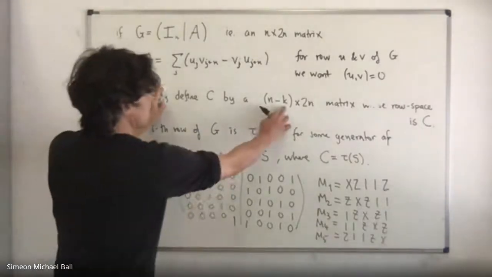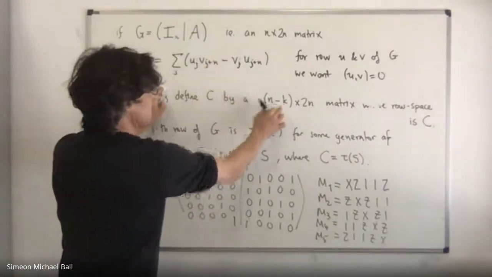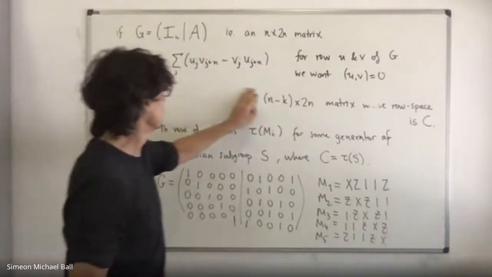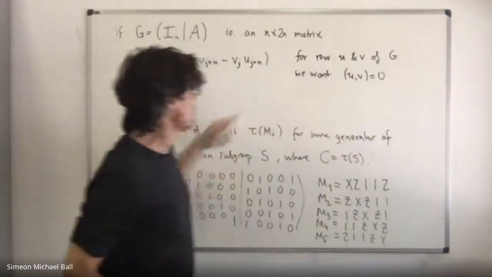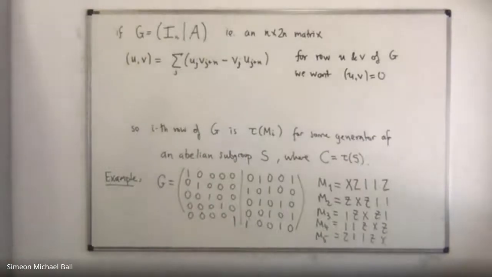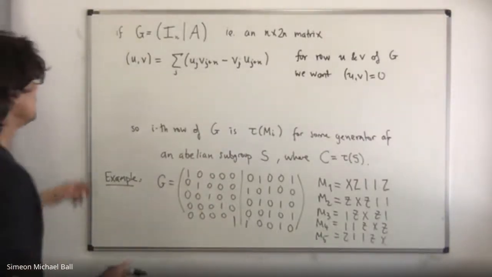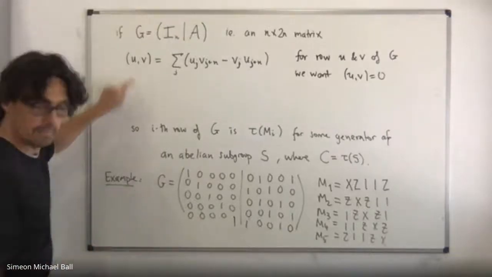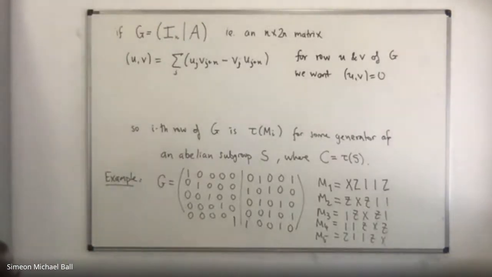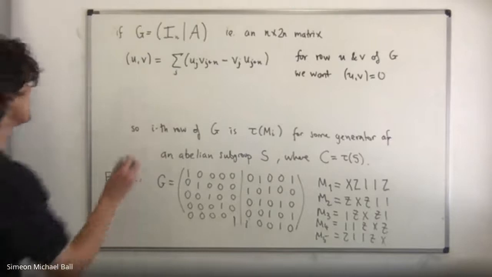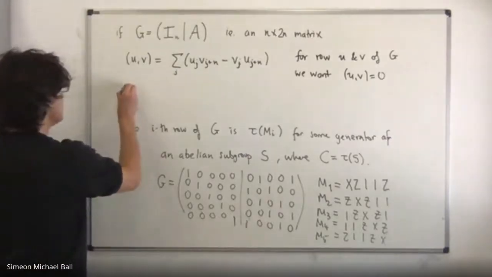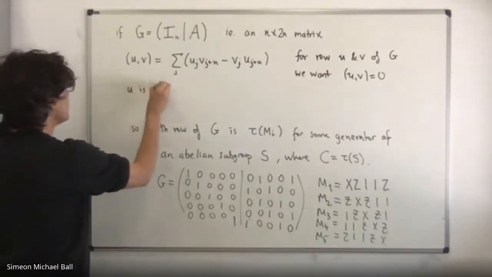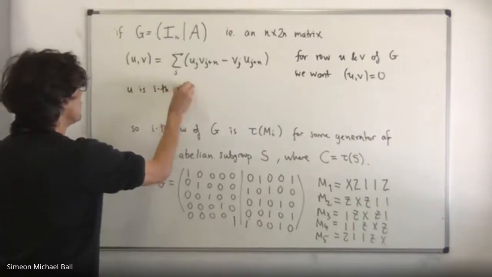This is the special case where K is 0. I'll come back to that. I just want to prove to you for this example, there's a very good reason why this works. So if we take U to be the ith row, and V is the other row, let's start working with these. For this general case, ⟨U, V⟩ would be the sum of U_j, that's the ith row, so that would be simply G_ij.